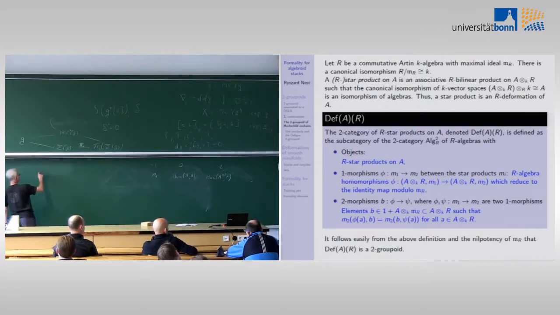I start with an algebra with some product, right? And a deformation will be, I will take A tensor R with some coefficients. Think of R, the easiest one, as just formal power series in the parameter h. The maximal ideal here is h.